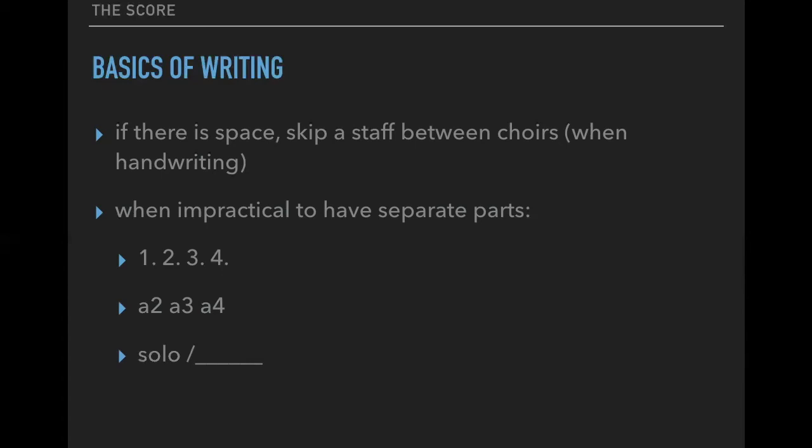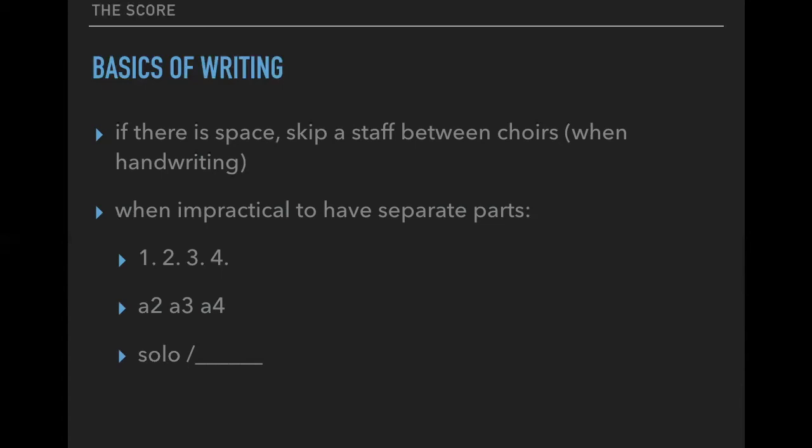What about a soloist? So let's say we have the string choir, and they're playing a lush arrangement of something very beautiful, and then you want a solo violin. Out of the whole orchestra, you want a solo violin playing out of the first violins. What would you write? Solo, of course.